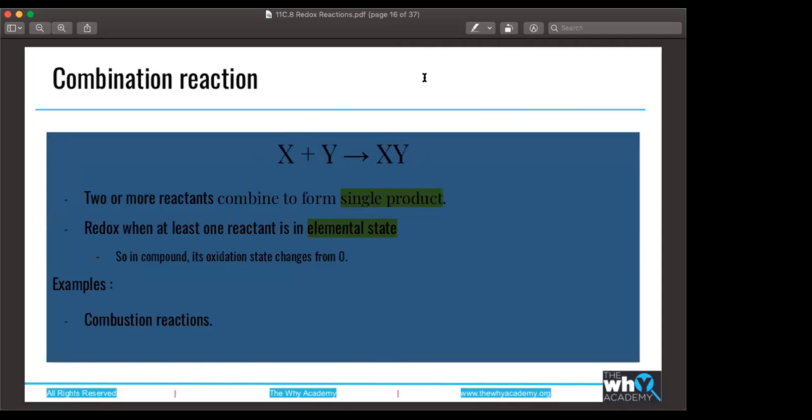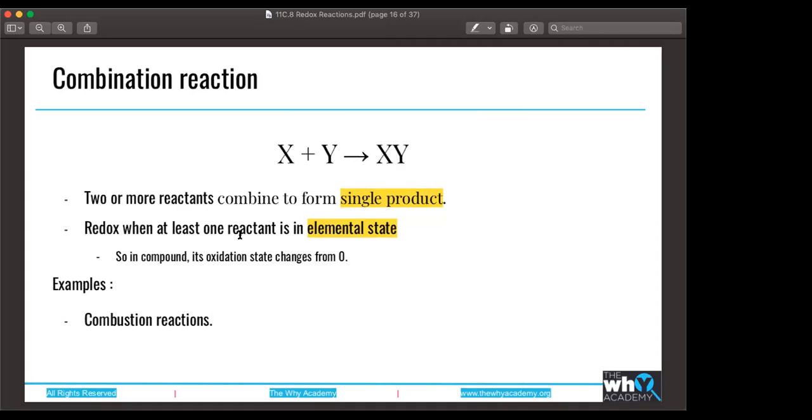Redox happens when at least one reactant is in the elemental state. If you don't have any elements in the elemental state, then it doesn't come under a redox reaction. So if at least one reactant is in the elemental state, it forms a redox reaction.